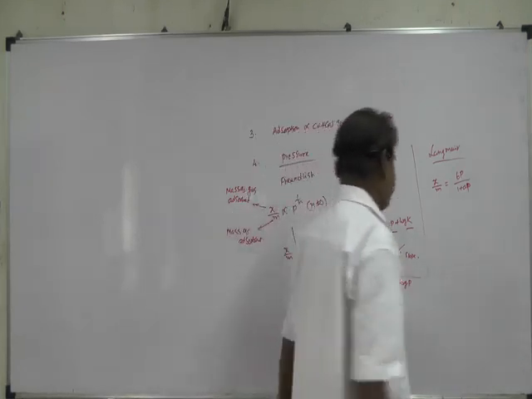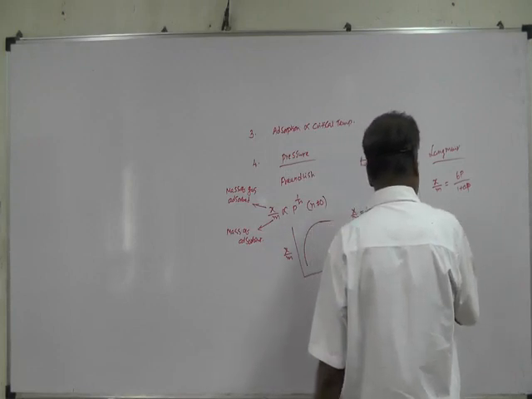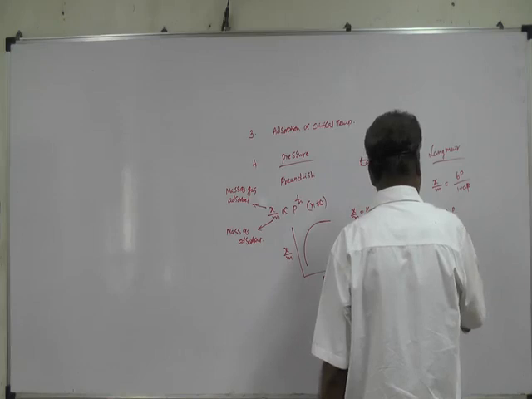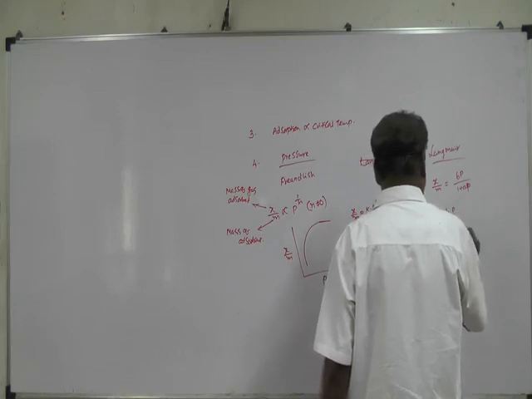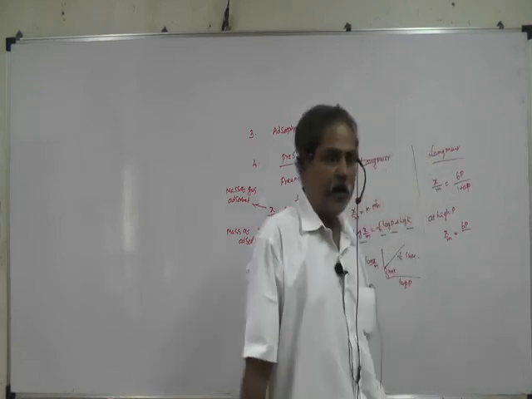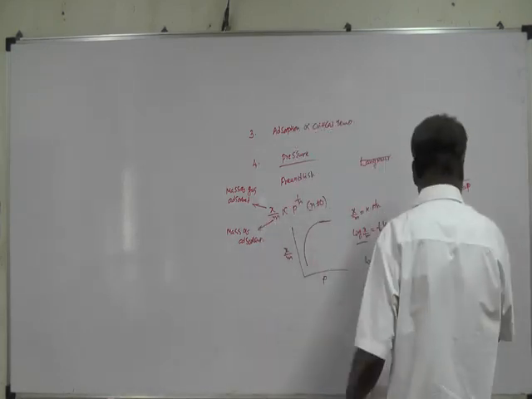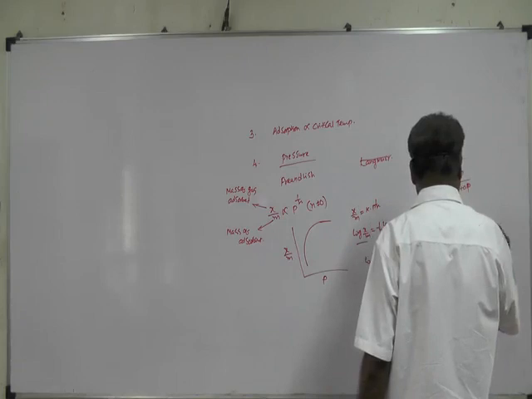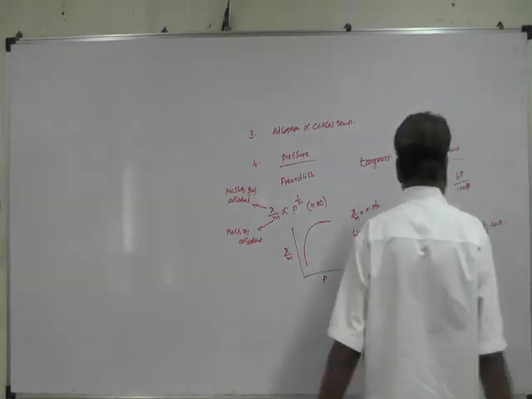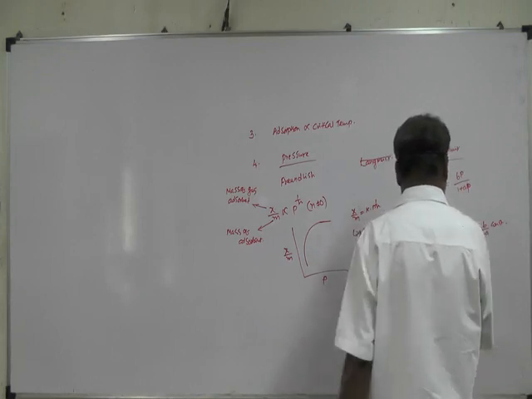Now, at high pressure, X by M is equal to BP by what can be neglected? 1 can be neglected because pressure is high, AP. So it's equal to B by A, a constant. And how do you get Freundlich when A is equal to 0?